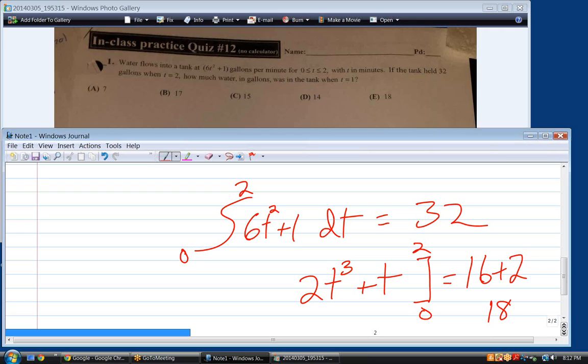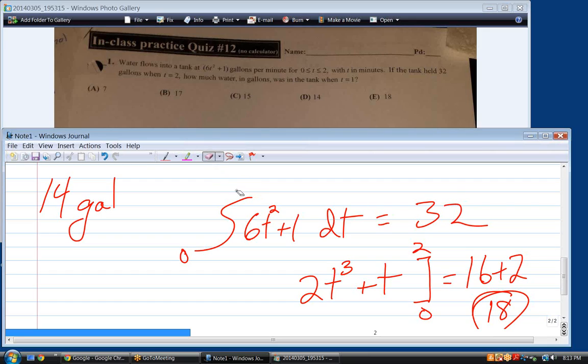So the tank must have had 14 gallons in it to start. All right, now I get it. Just 32 minus 18. Well, we know that in 2 minutes, 18 gallons flowed into the tank. And if the tank had 32 gallons at 2 minutes, it must have started with 14 gallons.